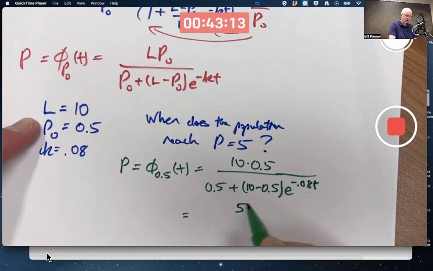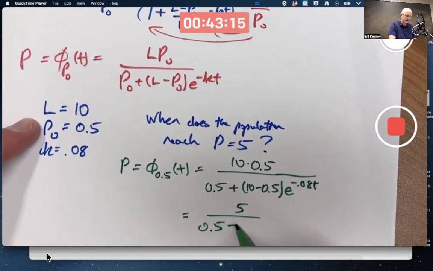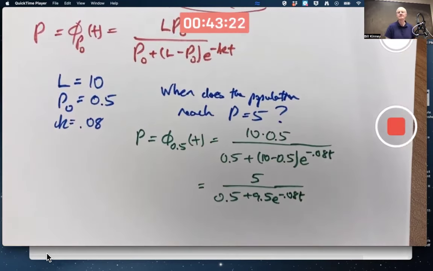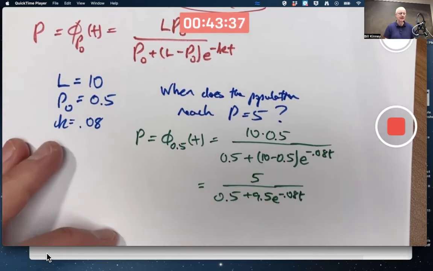You get 5 over 0.5 plus 9.5 e to the negative 0.08 t. You actually could write this without decimals as well. You could replace 0.5 with 1/2 and 9.5 with 19 halves, and then multiply the top and the bottom by 2 to get rid of those fractions. I won't bother.